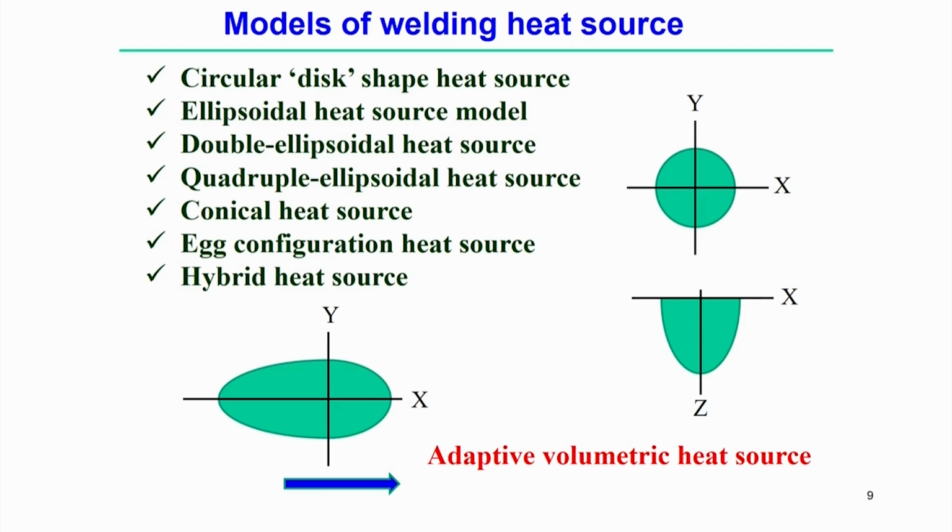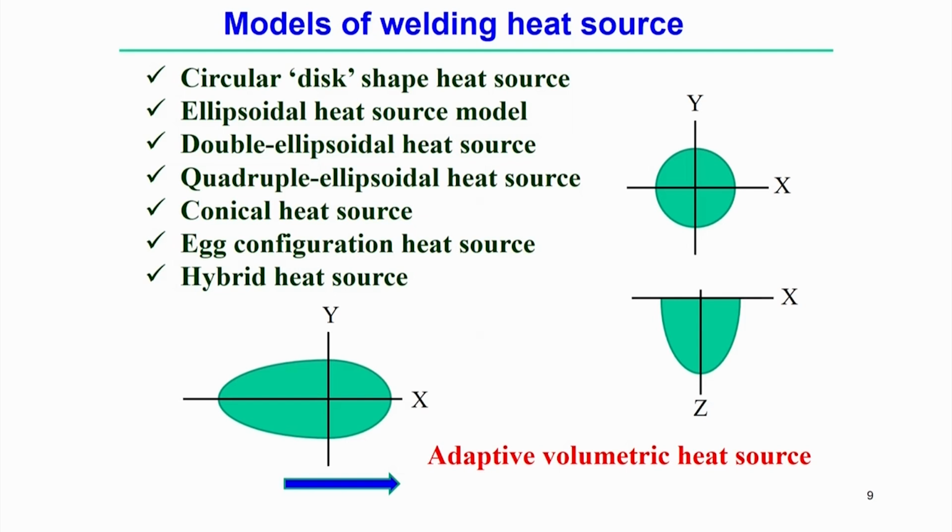These are the typical names that we use in welding simulation for the different types of heat source model. Of course, there are many more, but here I am trying to make you understand in what way we can represent the heat source.